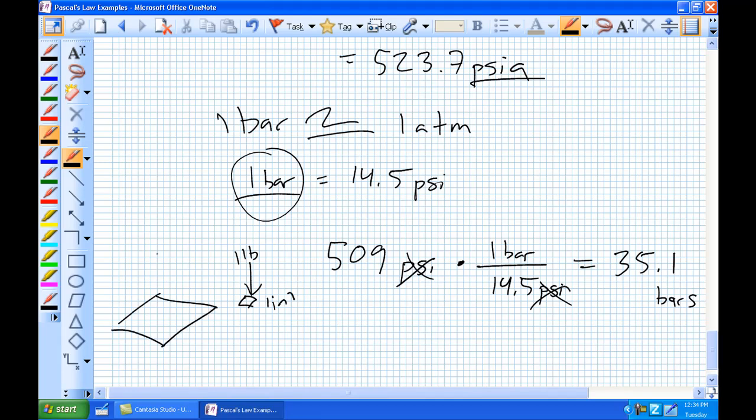Same thing in SI, 1 newton of force on 1 meter squared. I mean, think about how big a meter is. And if there's 1 newton of force on it, which is a tiny amount of force on a big, big area, it's a weaker unit of pressure. And that weaker unit of pressure, 1 newton per meter squared, is a Pascal.